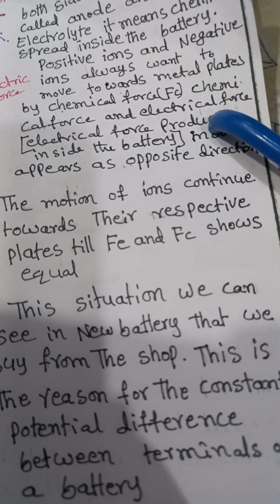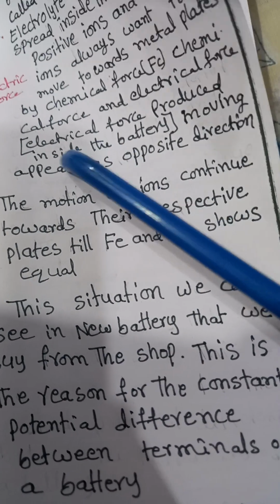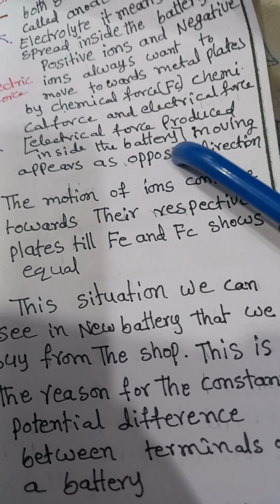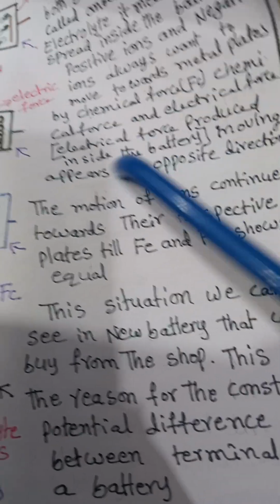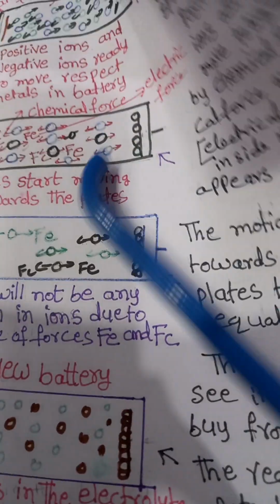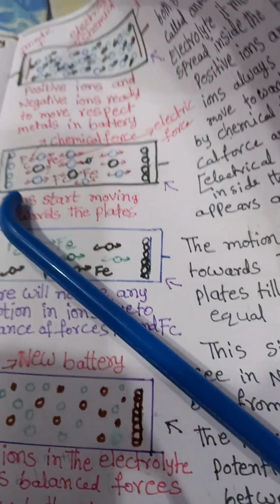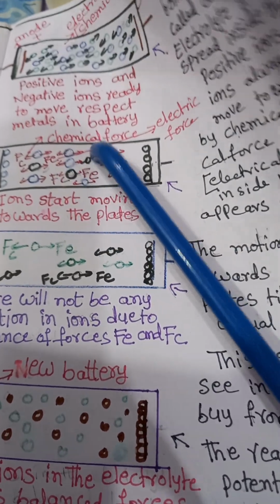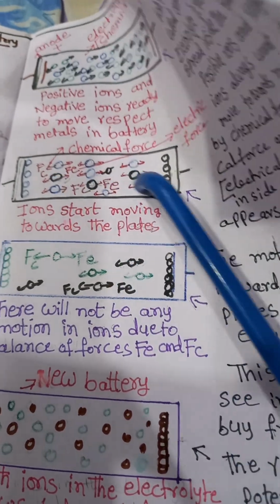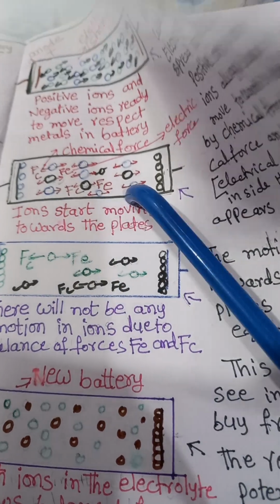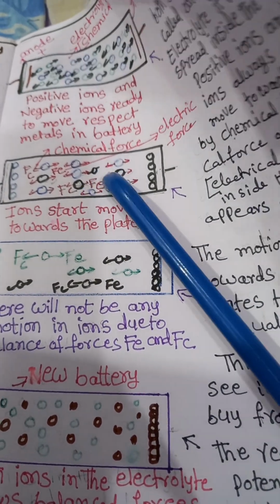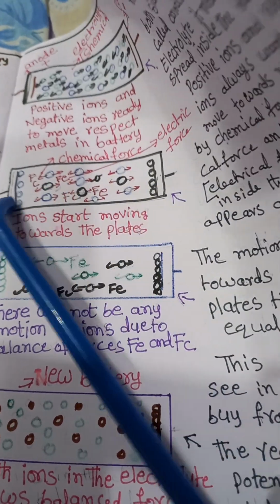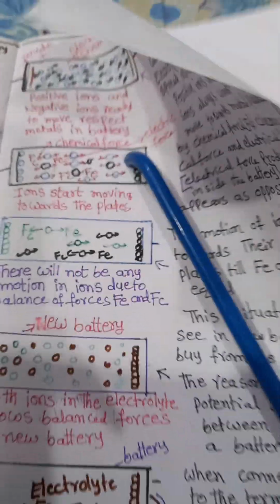Chemical force and electrical force. The electrical force produced inside the battery appears in the opposite direction. So when the positive ions and negative ions want to move towards the plates, during this period an electric force is also created inside the two metal plates.